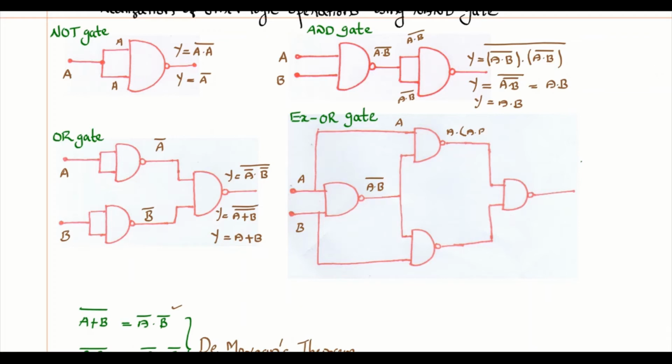The output of the second NAND gate is A dot A dot B complement. Similarly, the output of the third NAND gate is B dot A dot B complement whole complement. Now we have to simplify these expressions using De Morgan's theorem.